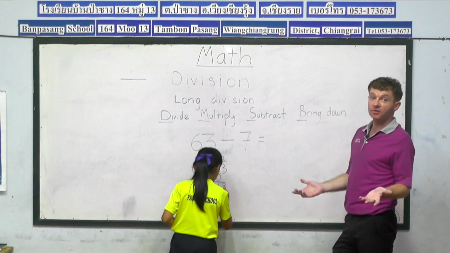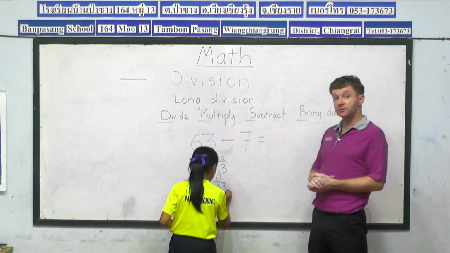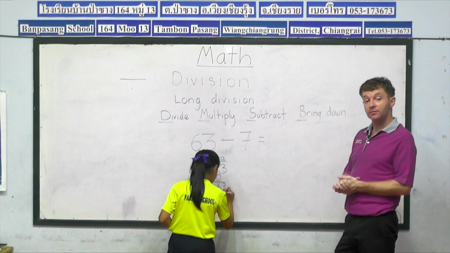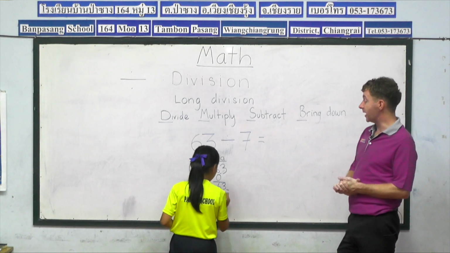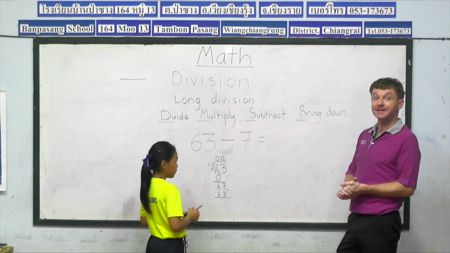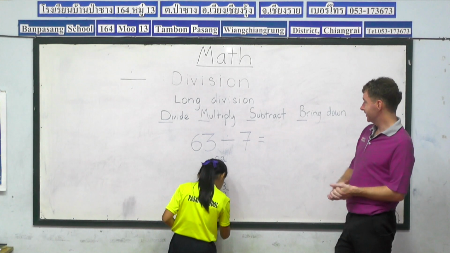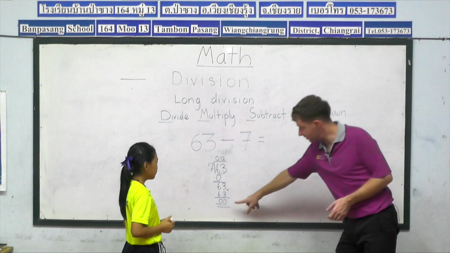And using long division, we can check. 9 times 7 equals 63. And then subtract 63 from 63 equals 0, yes. Any more numbers to bring down? We're at 0.